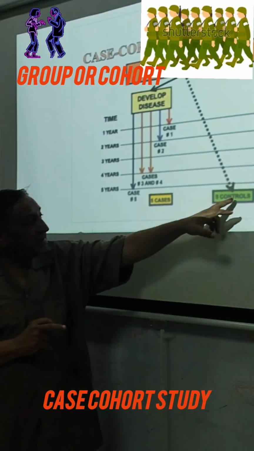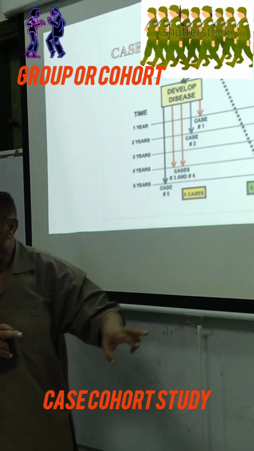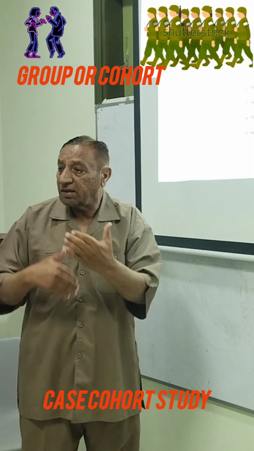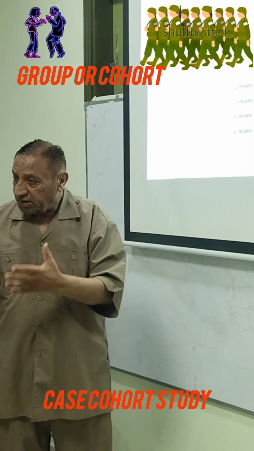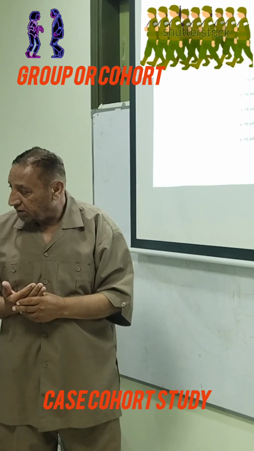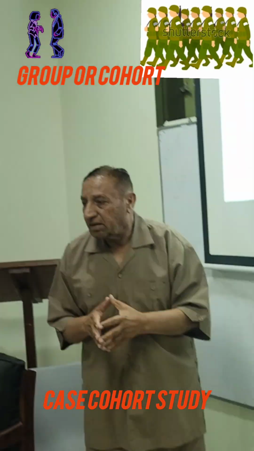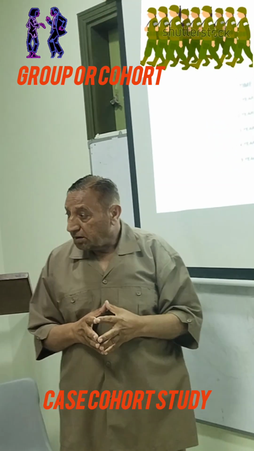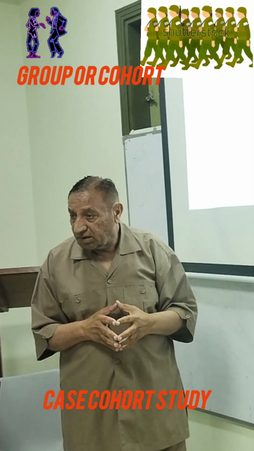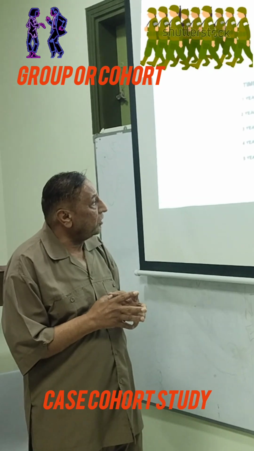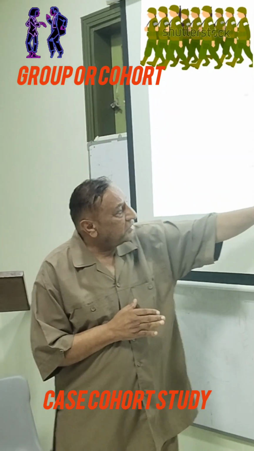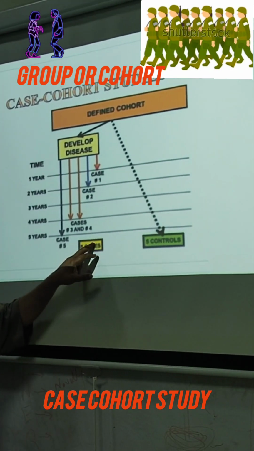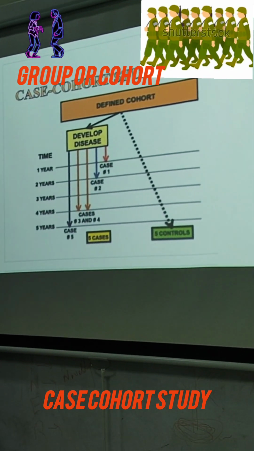But the point is that these controls are already selected, so you have to just take controls already selected, whether they are sick, they are diseased, whatever their situation is. So matching is not done in the case cohort, while matching is done in both the nested case control study as well as in the case control study. So 5 cases and 5 controls. Mind it, these controls are already selected. You are waiting for these cases. Next please.